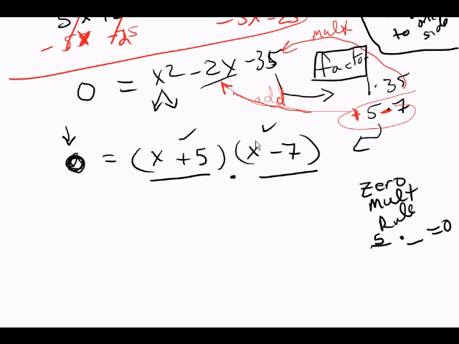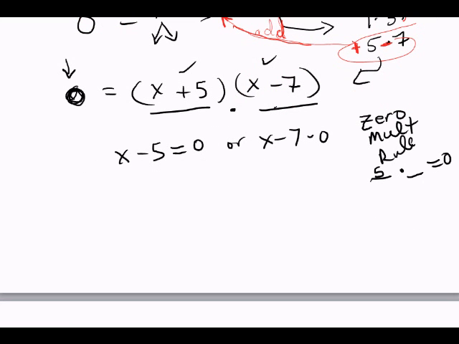Yeah, that's the 0 multiply rule. Do you see I'm multiplying two items together and the answer is 0. So one of these two has to be 0. The x plus 5 has to equal 0, or the x minus 7 has to equal 0. And you just solve for x for each one.